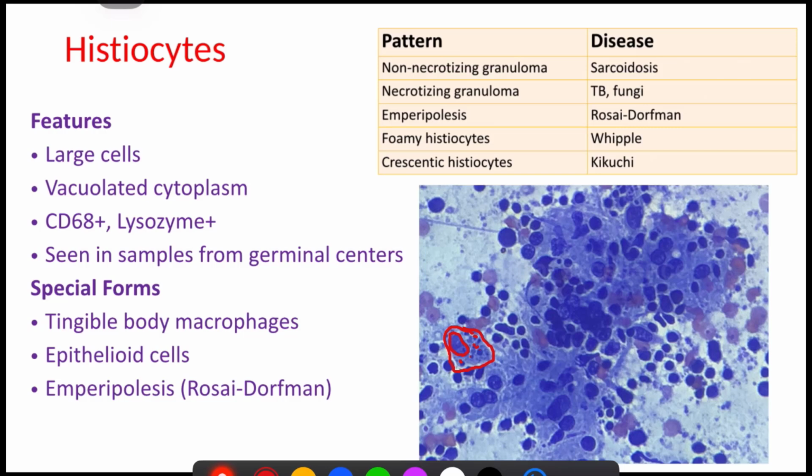And different types or special forms are: one is tingible body macrophage, second is epithelioid cells, which are slipper shaped, mainly seen in tuberculosis.